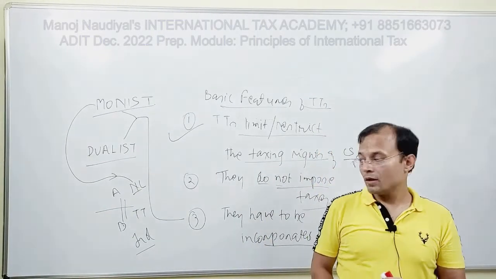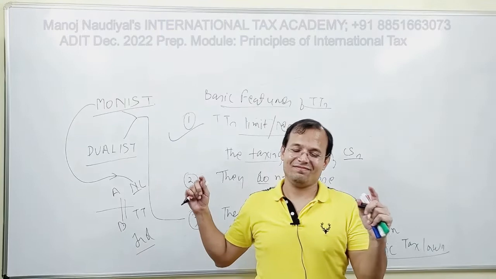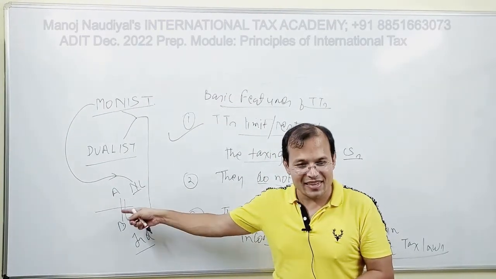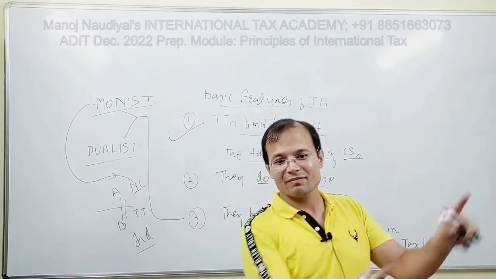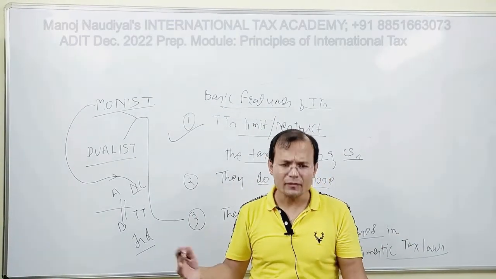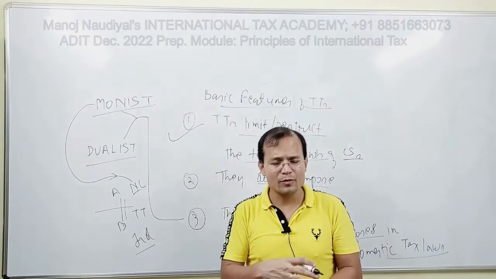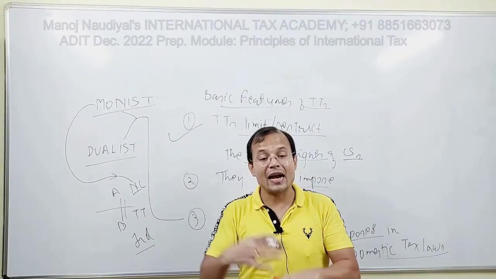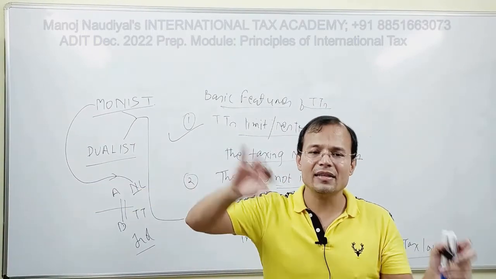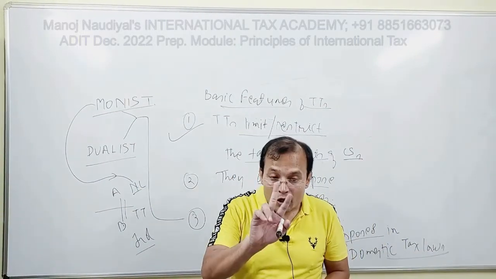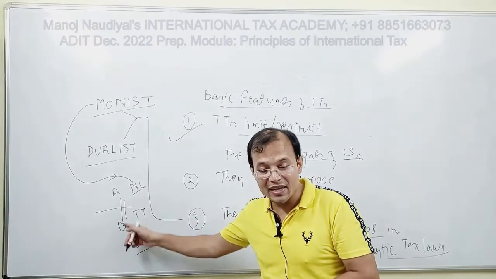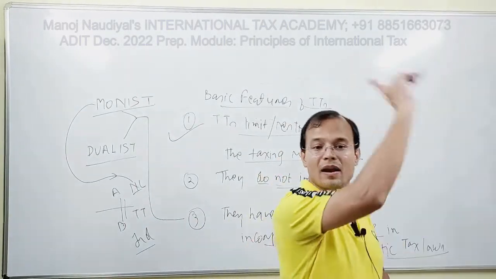Monist. India, you sign the tax treaty, and then Parliament will bring out an action, notification or some sort of order that now this tax treaty is a part of your Income Tax Act 1961. So two actions are required. First action is signing of the tax treaty, and second action by the Parliament.